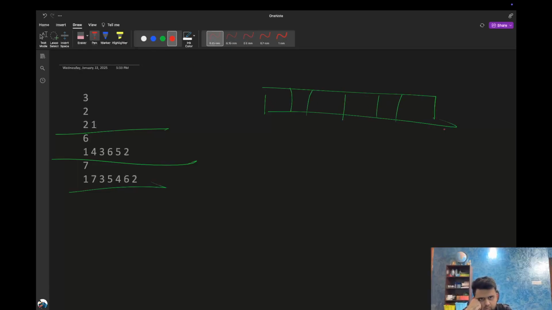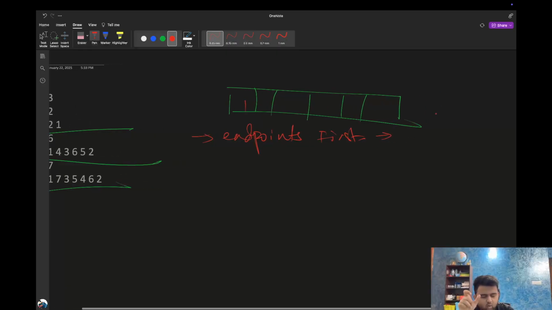You have 1 because endpoints go first. Here, let's quantify a term called max dist after every turn.